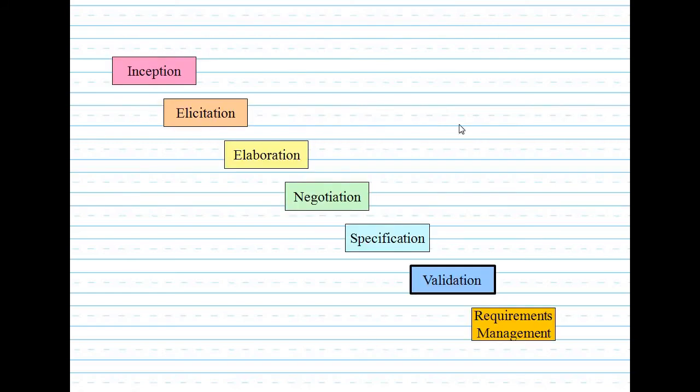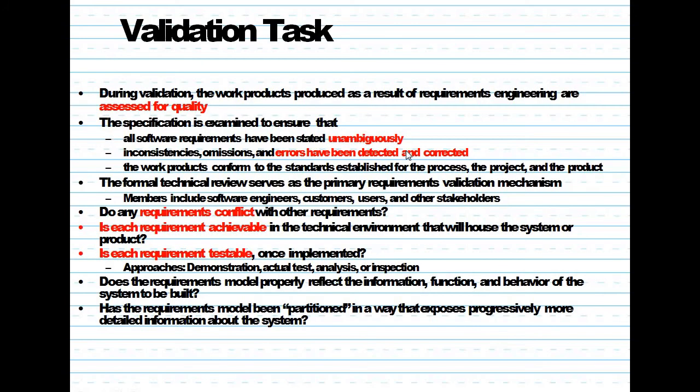So, next is the validation. It is the sixth stage of our requirement analysis and specification. Now, in validation tasks, the work products produced as a result of requirements engineering are assessed for quality. The specification is examined to ensure that all software requirements have been stated unambiguously, and inconsistencies, omissions, and errors have been detected and corrected.